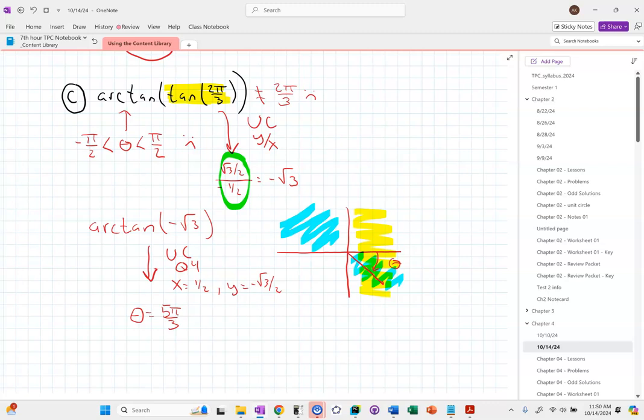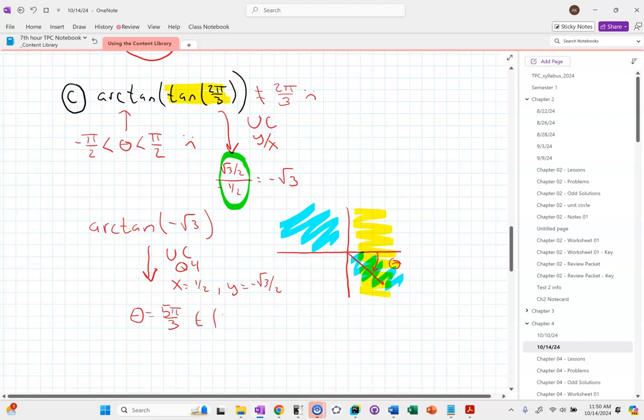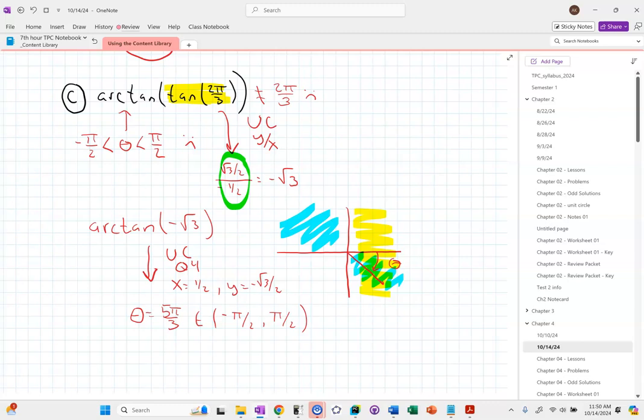Okay. So the problem is that this is not in the interval for tangent. Oh no, what do I do? I find an angle that's coterminal to it. Is 5 pi over 3 too big or too small?